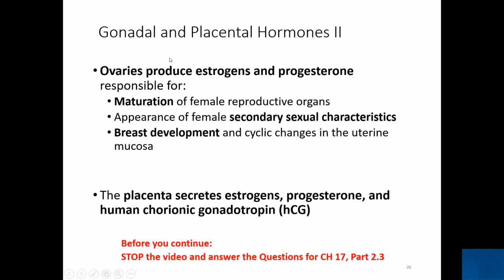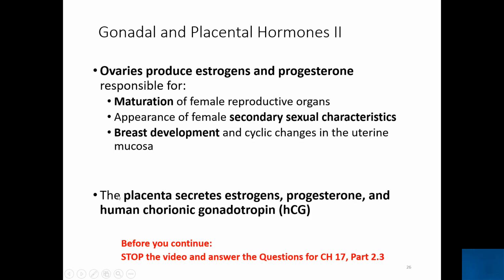In females, ovaries produce estrogens and progesterone, and together those two hormones are responsible for maturation of female reproductive organs, female secondary sexual characteristics, and development of breasts and cyclic monthly changes in the uterus.